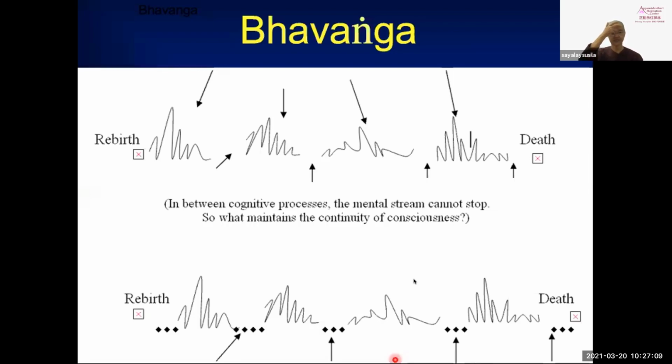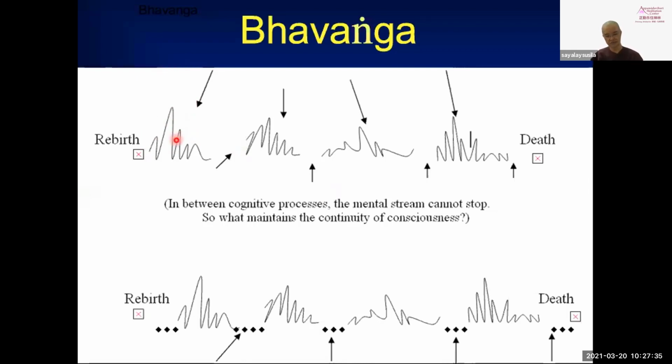Okay, please see this chart on the screen. Here you see from birth up to death. In between is called the mental stream, or stream of consciousness, from rebirth to death. The graph going up and down here means cognitive processes.